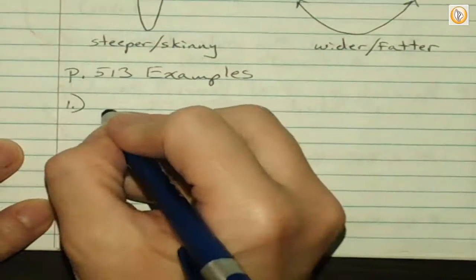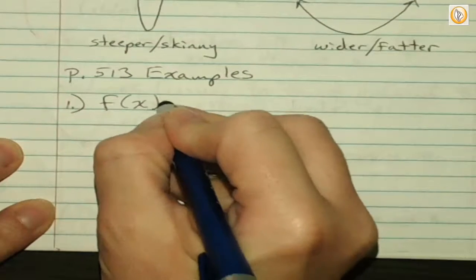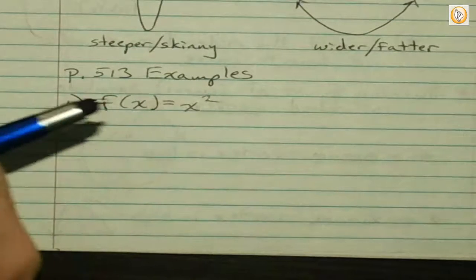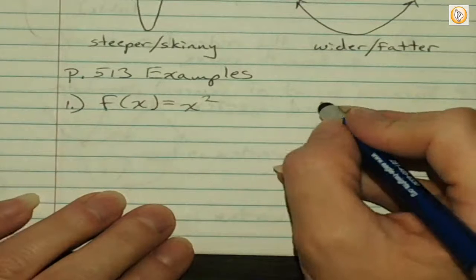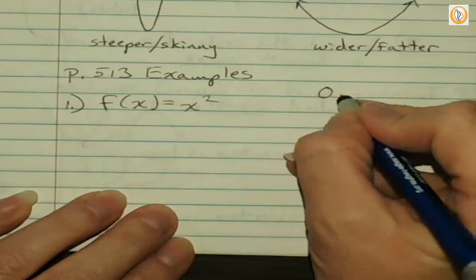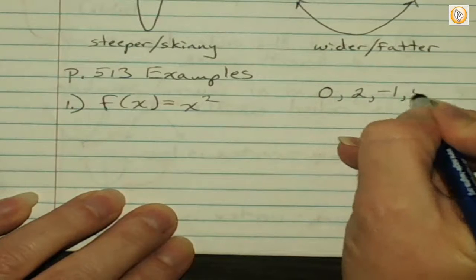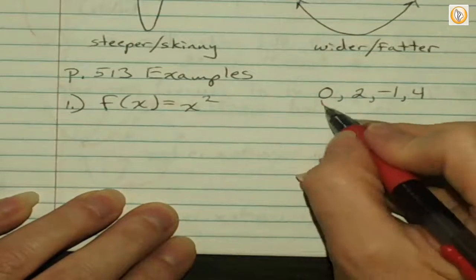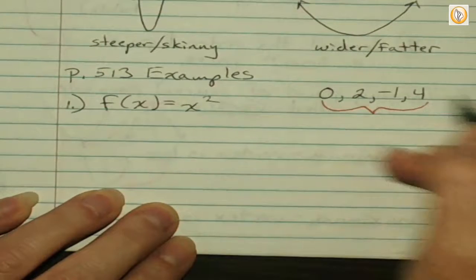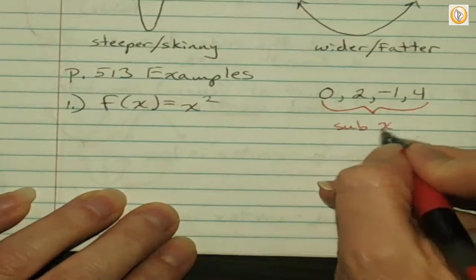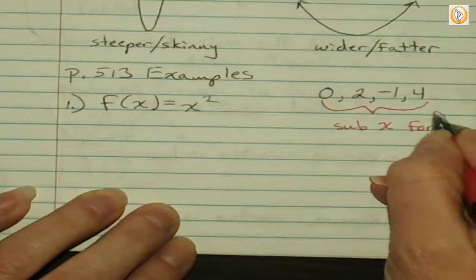It's f of x equals x squared. In the directions, it says to use 0, 2, -1, and 4. Do y'all see where we're getting these numbers? Those are in the directions, and you're going to sub x for those.